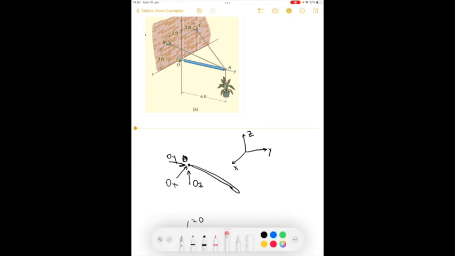We have more forces than just the ball and socket joint. So we have the ball and socket joint, and we also have two cables attached. These two cables can only have tension in them. So we know again that the force will act only in the direction that the cable is oriented.